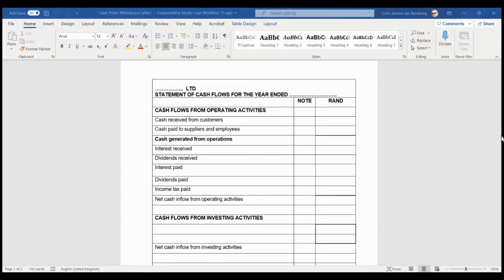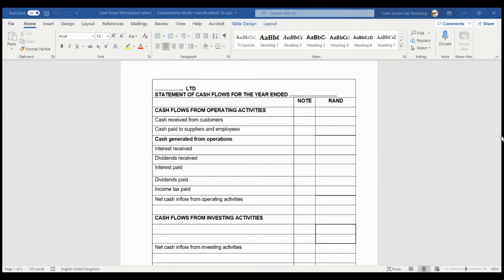It might be three or four, but it's always two or more, right? So then we'll have to go and reconstruct more than one ledger account to be able to determine the outflow and the inflow of cash. In the case of debtors, clearly it's only going to be an inflow of cash, so we only need to go and reconstruct our debtors account.